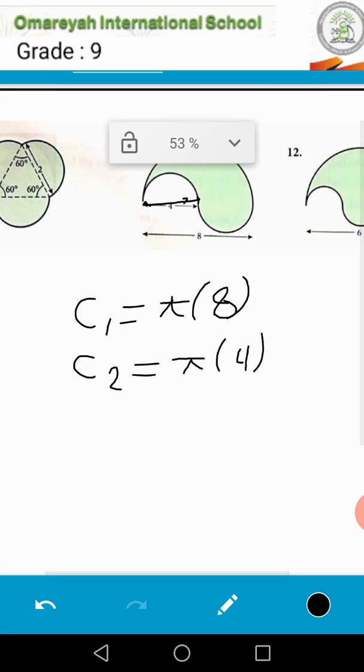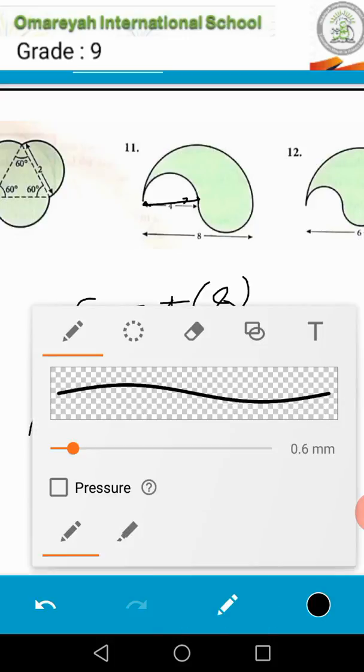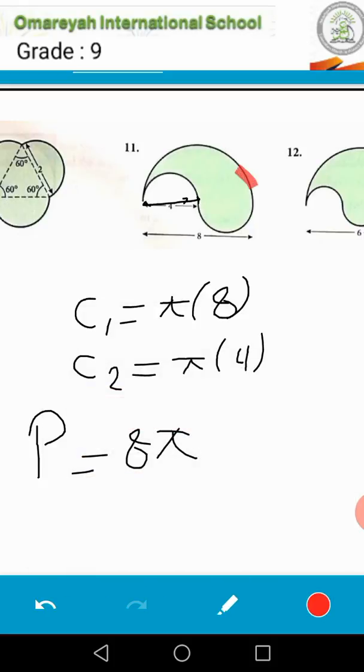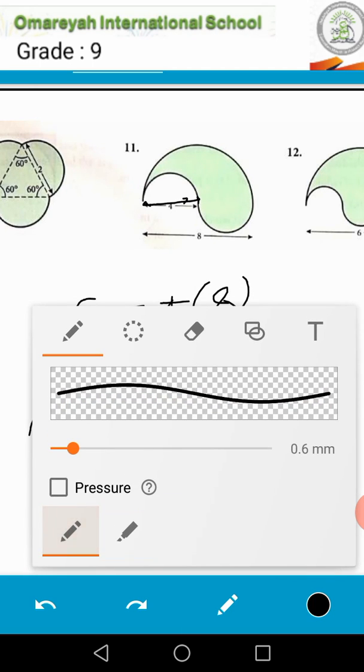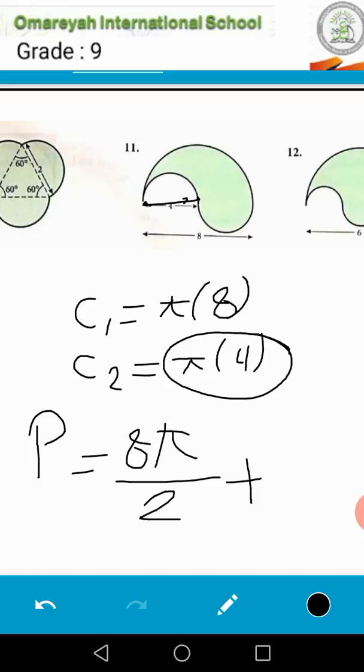Now after that find the perimeter of the shape. The perimeter of the shape is C1, which is 8 pi, but this 8 pi is the circumference of the whole circle, so you need to divide this by 2. So 8 pi over 2, plus the circumference of this, which is 4 pi.